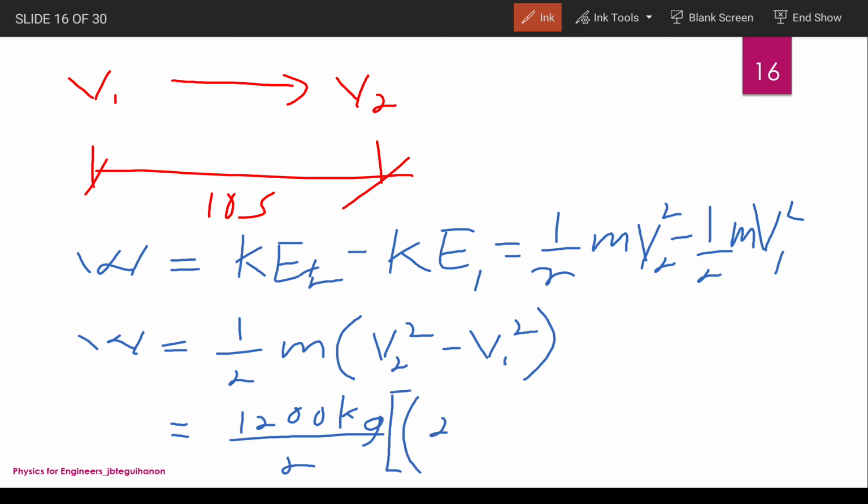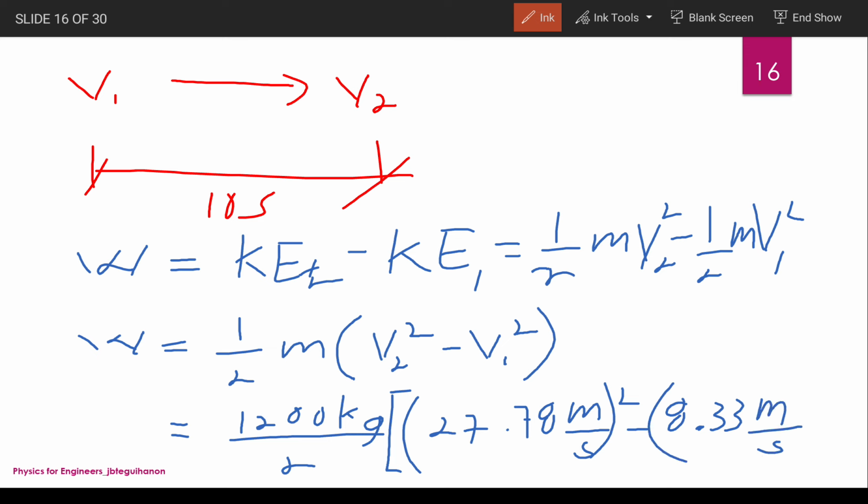V2 is equal to 27.78 meters per second, squared, minus 8.33 meters per second, squared.